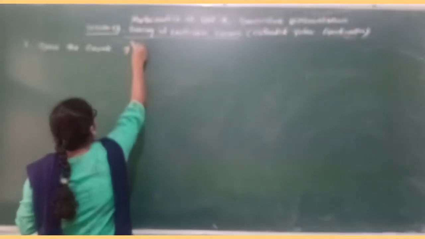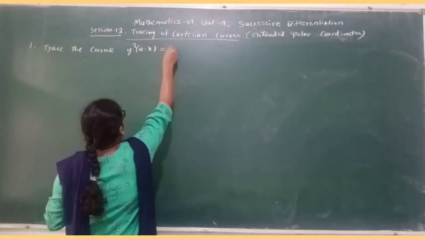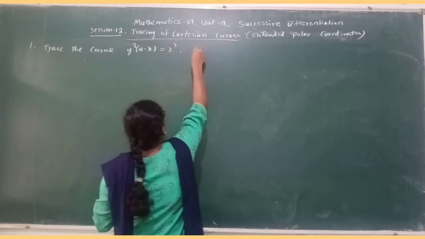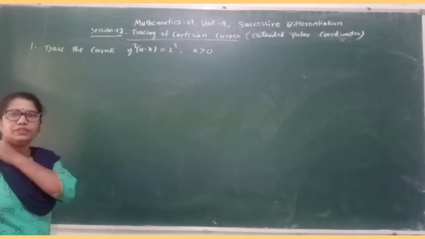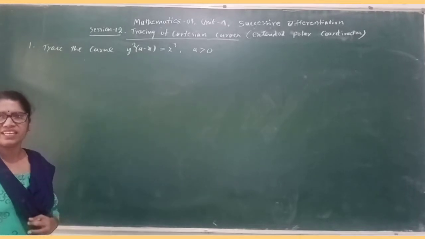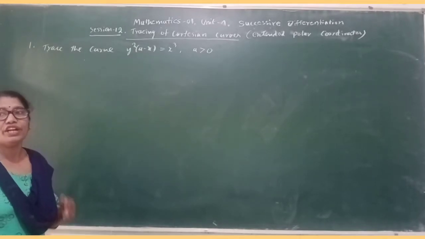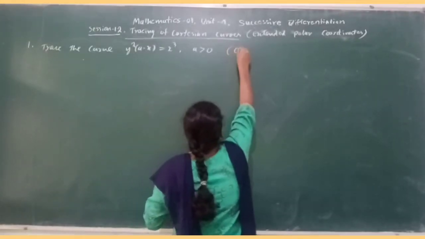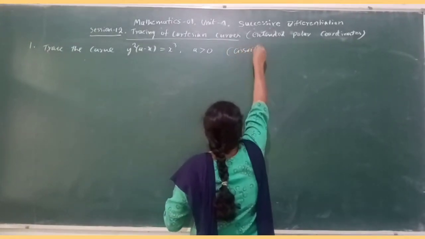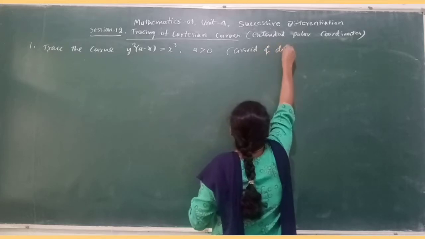Trace the curve y square into (a minus x) is equal to x cube, where a is always positive. This curve is known as the cissoid of Diocles.